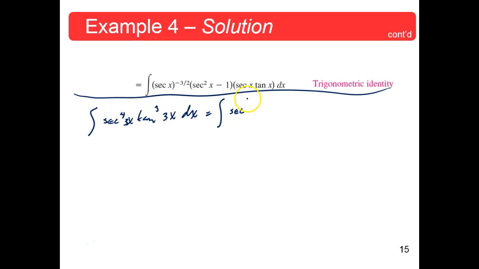You tell me. We're pulling out a secant x tangent x and putting that with our dx. So what have you got left? Oh, whoa. 3x. I forgot to put my 3's in there. Say again?